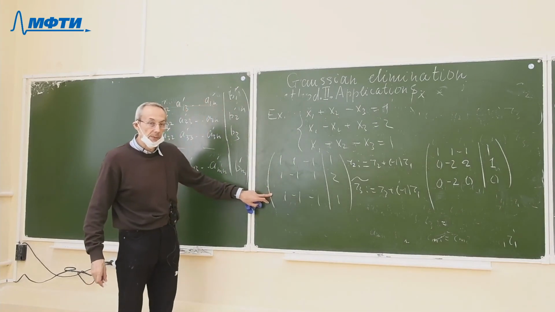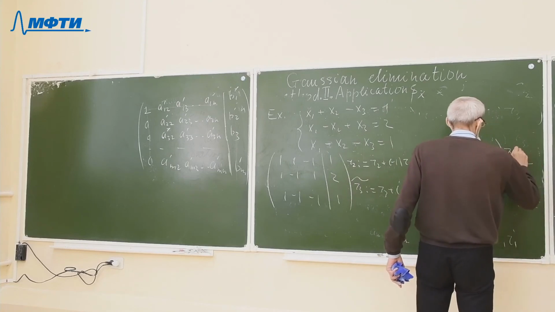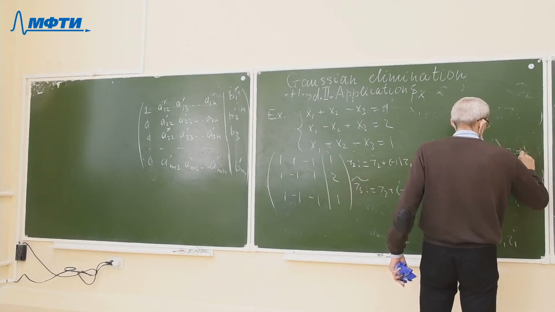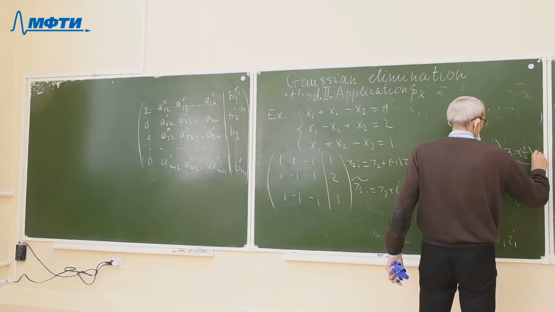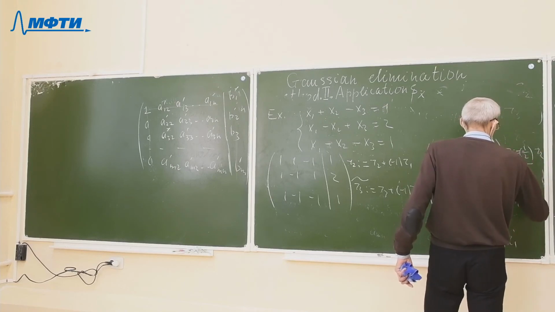Do you understand? Let's multiply the second row by minus 1/2 R3.